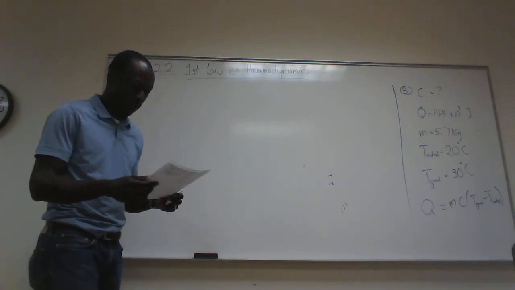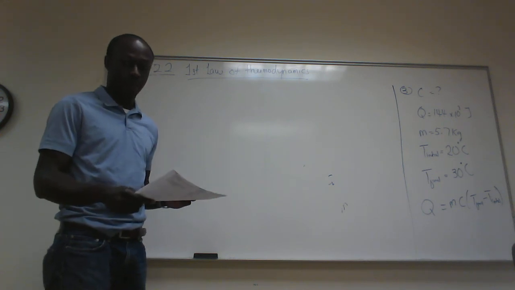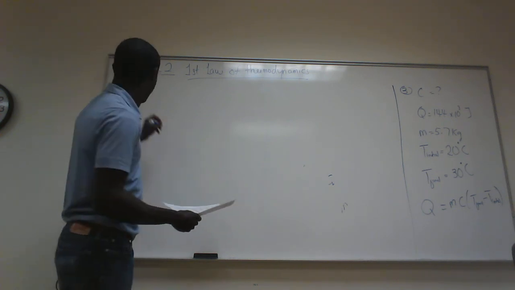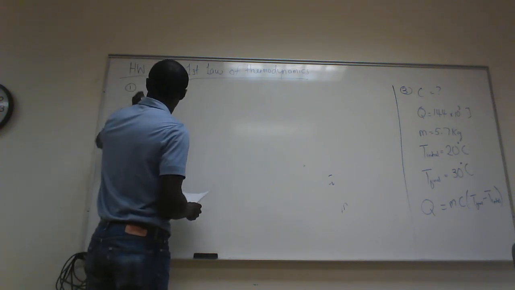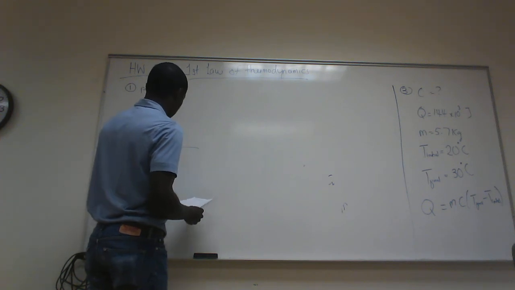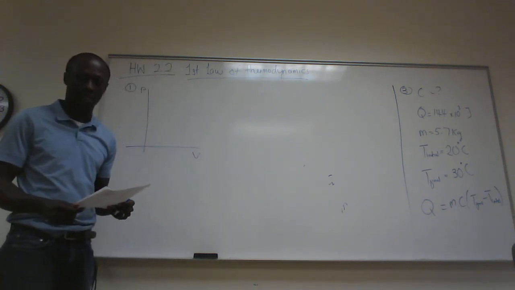So for problem 4, we're given a two-step process. So we have pressure on the vertical axis and the volume on the horizontal axis.